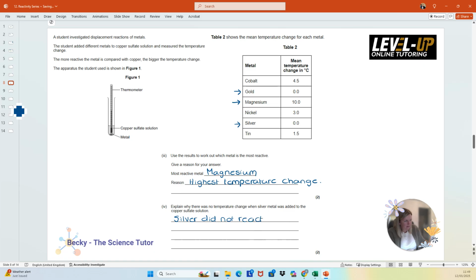Or we could say silver did not displace the copper from the copper sulfate solution, and explain why. Because silver has low reactivity, isn't very reactive, however you word it. So we're identifying that we've got no temperature change because it didn't react. Why? Because it's unreactive.